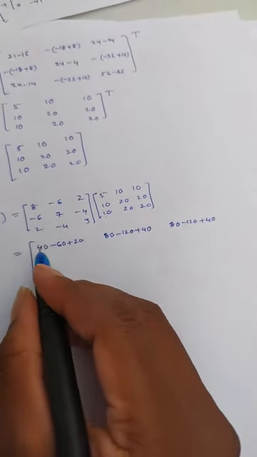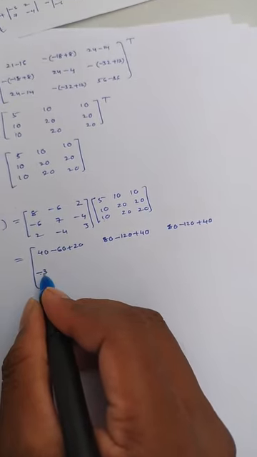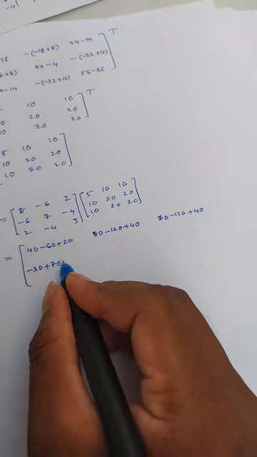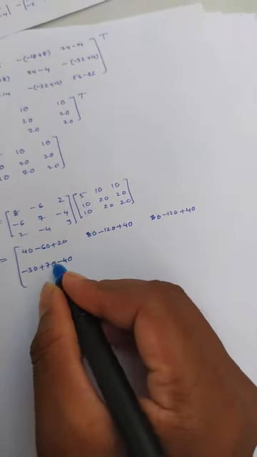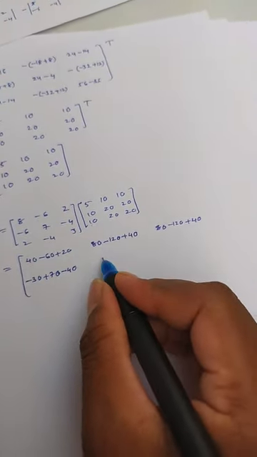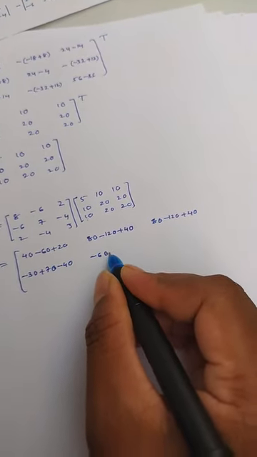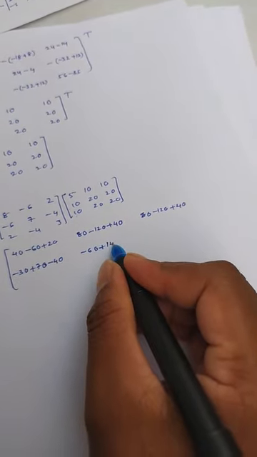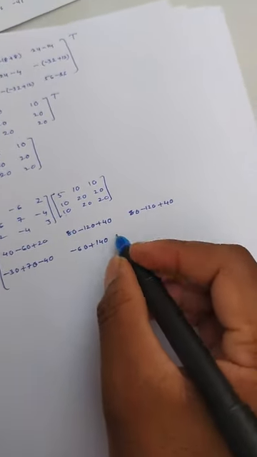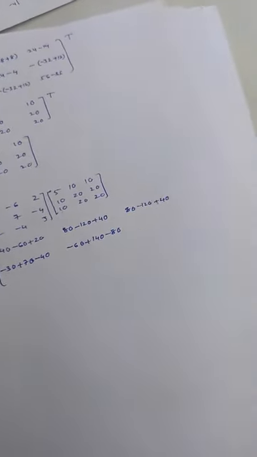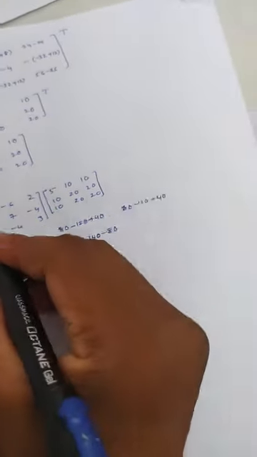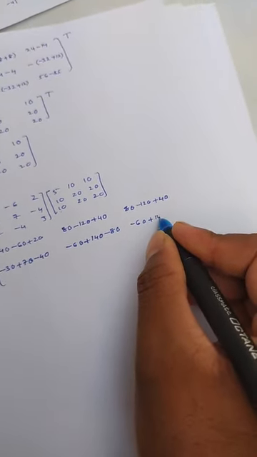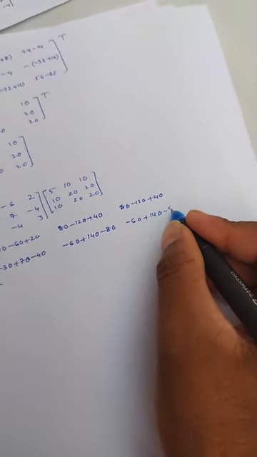So second row into first column. 6 5s are minus 30, 7 tens are 70, minus 4 into 10, minus 40. Okay. Second row into second column. Minus 60, 7 20 is 140, minus 80. Right? Next, second row into third column. Minus 60 plus 140, minus 80.